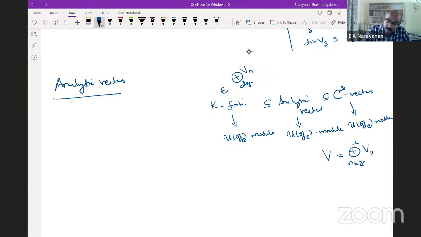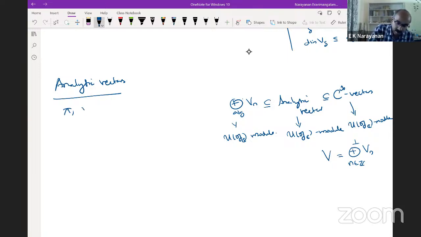Maybe let me write it in a slightly better way. The algebraic direct sum of Vn's: they are all analytic vectors, and all the analytic vectors are, of course, C infinity vectors. Let me define analytic vectors.